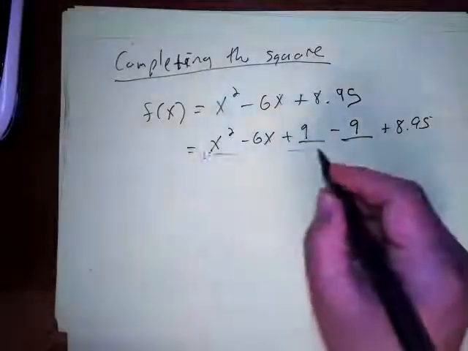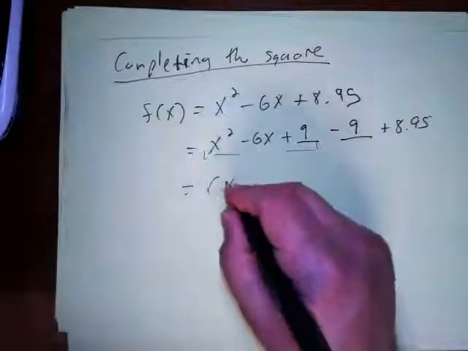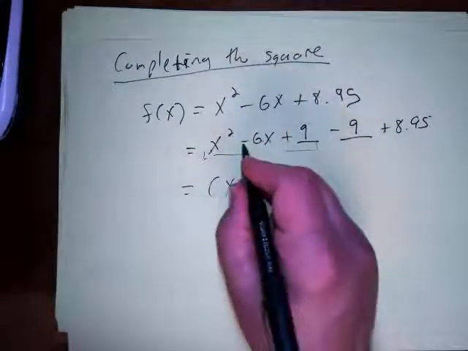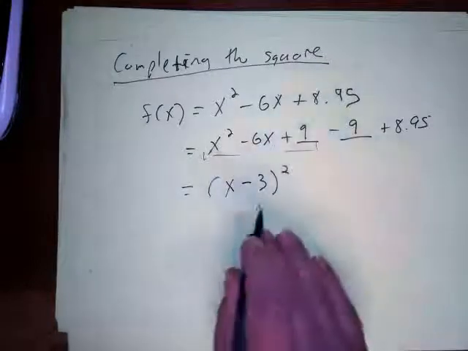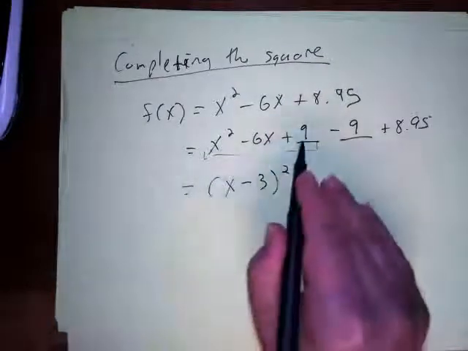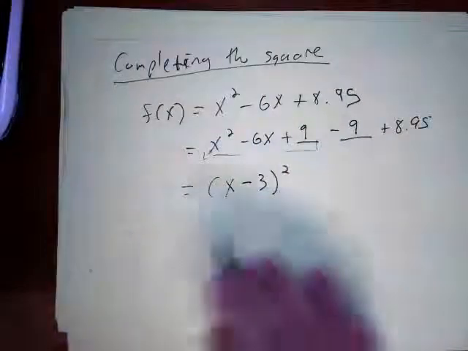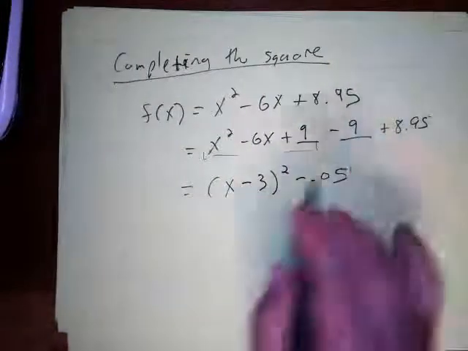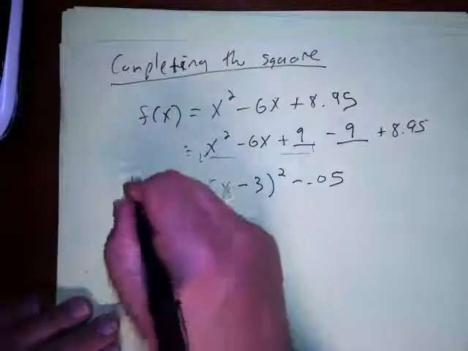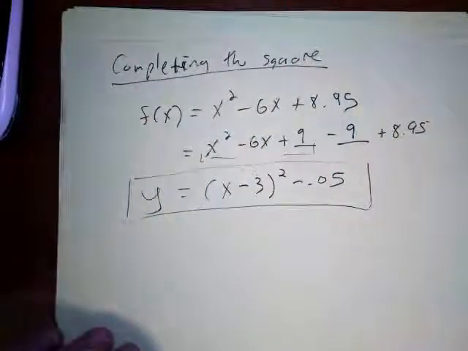But these can then be factored into x, and this is going to take the sign of this and then half of that. So x minus 3 squared. So this, when you FOIL it out, would give you that. And then this just becomes -0.05, right? And this is the standard form of a parabola.